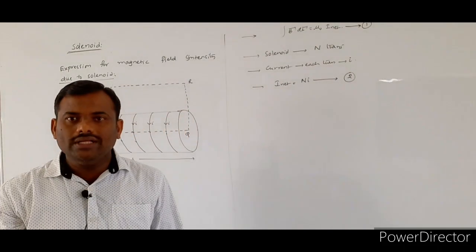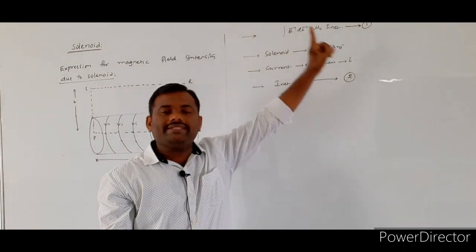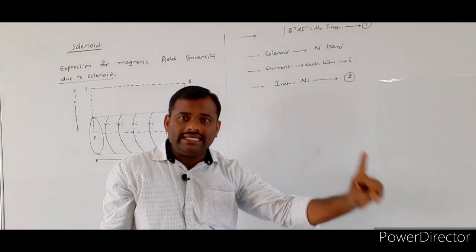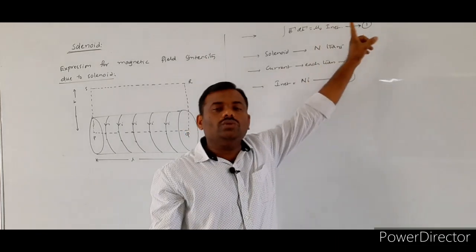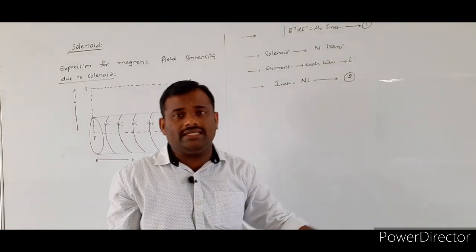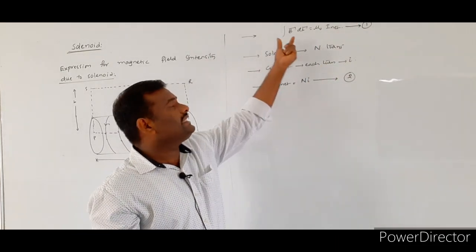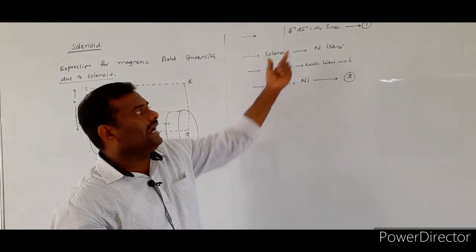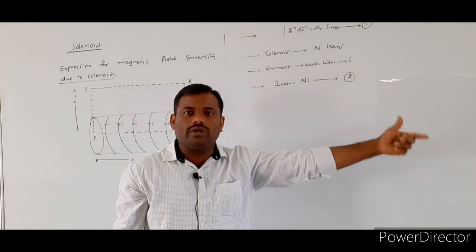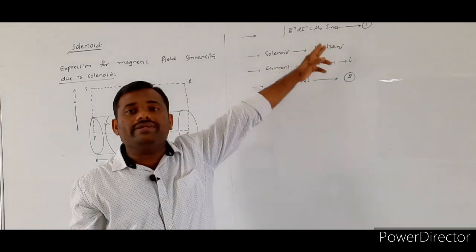Equation number 2: once again, what is the Ampere circuital law formula? Line integral of B dot dl is equal to mu naught into I net. To find the resultant magnetic field intensity, first I have to calculate the right side term value. Mu naught is a constant value.